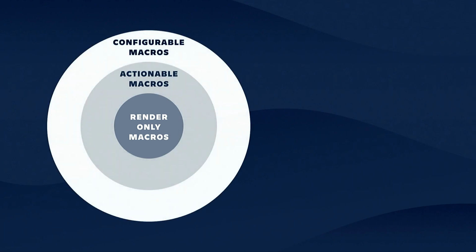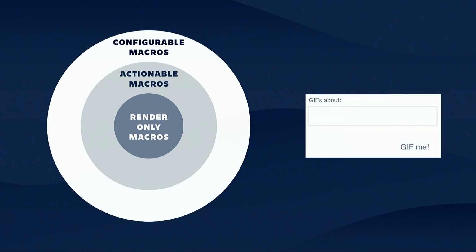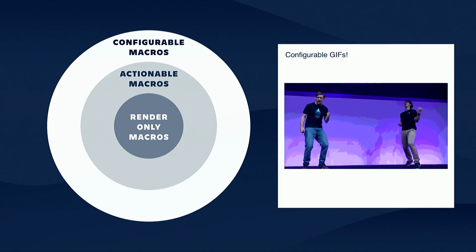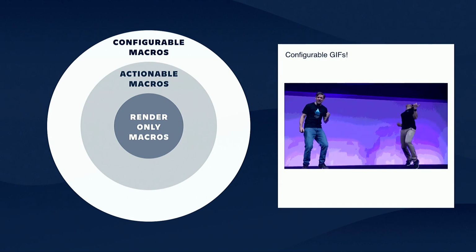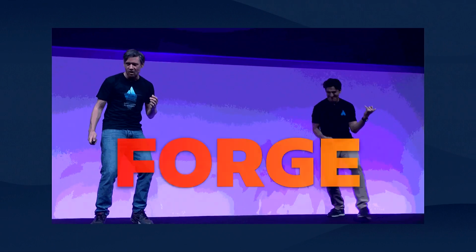So these would be macros that users could not only interact with, but also configure. So again, if we take the GIF macro example, we can now introduce a configuration setting where the user can define a search term, let's say the metal age, and now the macro will just load GIFs related to your favorite metal band. Let's look at this GIF a little bit closer.